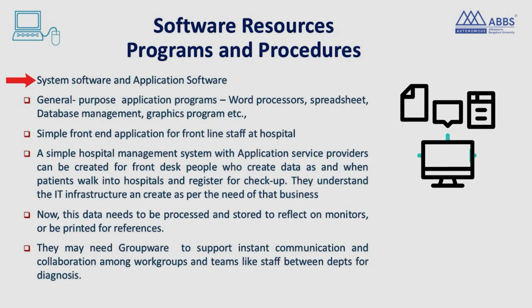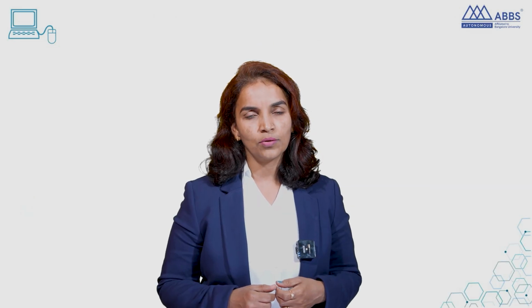In software resources, we have programs and procedures like application programs and system programs, or in other words, a set of programs which is useful for the system by itself to perform activities, which is called the system software.